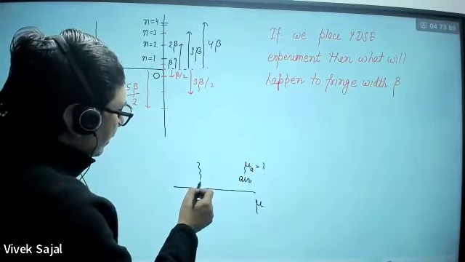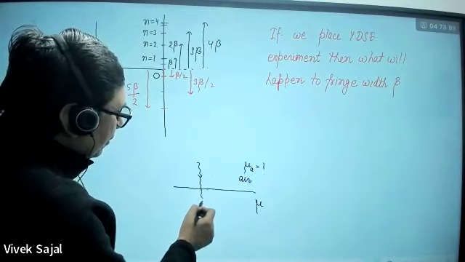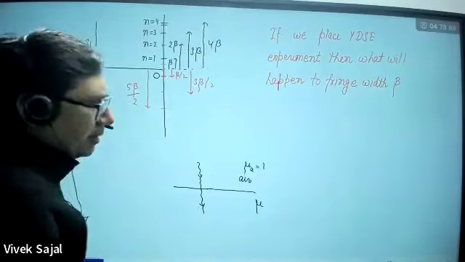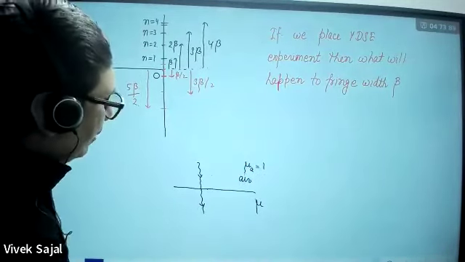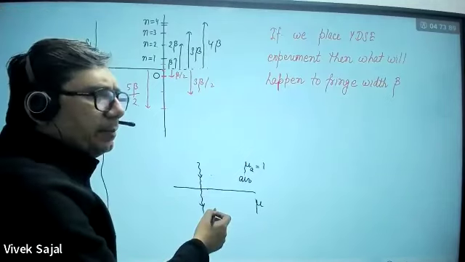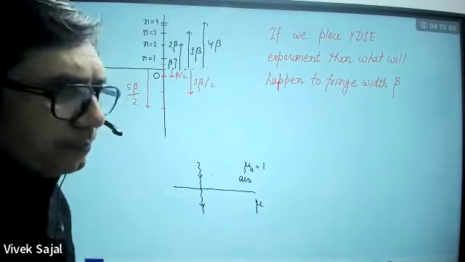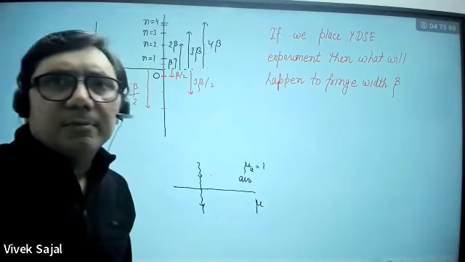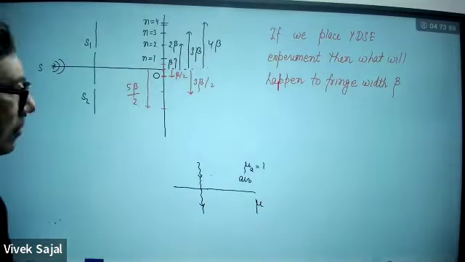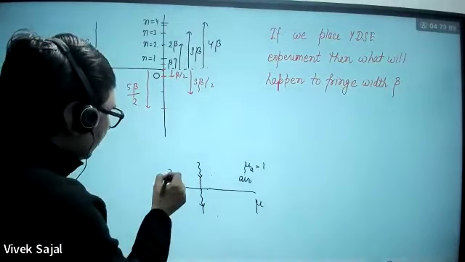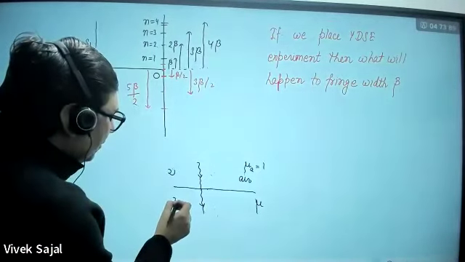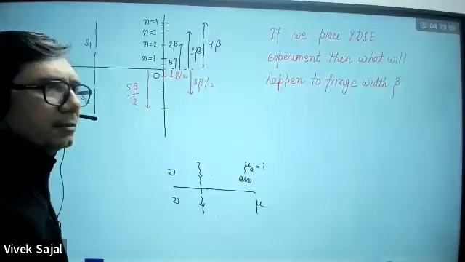Light waves are traveling from here to the second medium. Which quantity will remain the same when light moves from the first medium to the second medium? That will be frequency. So frequency is going to be the same here and here.